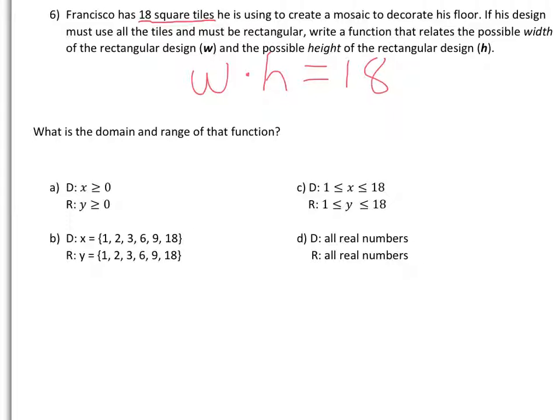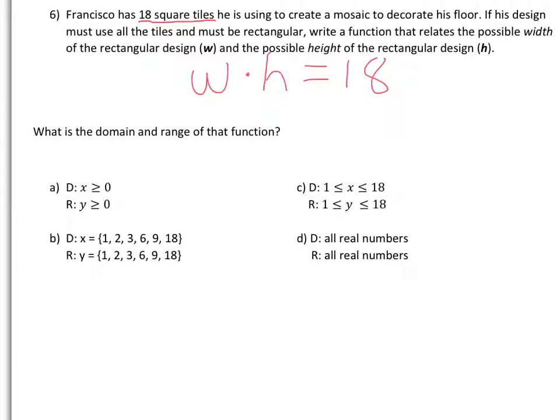But if he has only 18 square tiles, then he can make things that are 1 by 18, 2 by 9, 3 by 6, or the others, 6 by 3, 9 by 2, 18 by 1. He can't, for example, make anything 3.5 tiles tall. It doesn't have that capability. And he certainly can't make something like square root of 2 tiles tall.